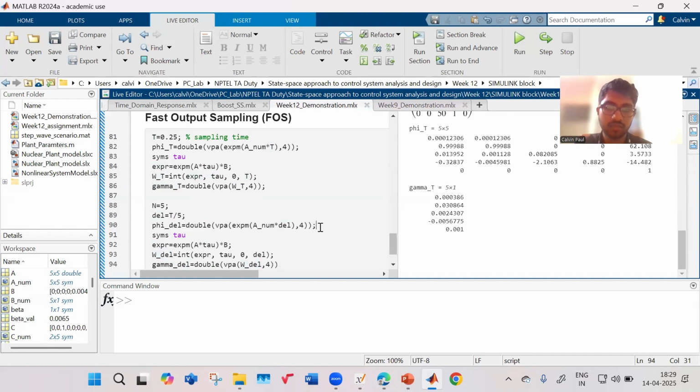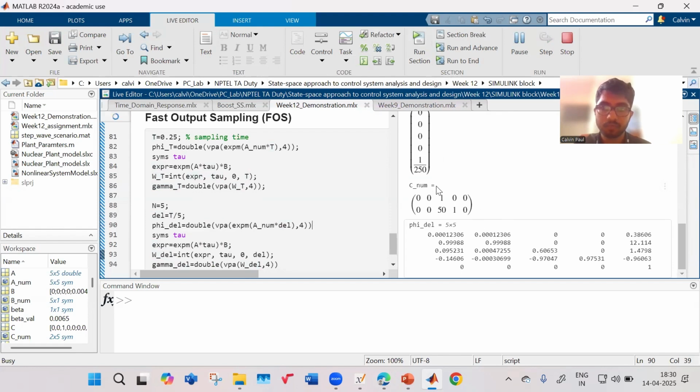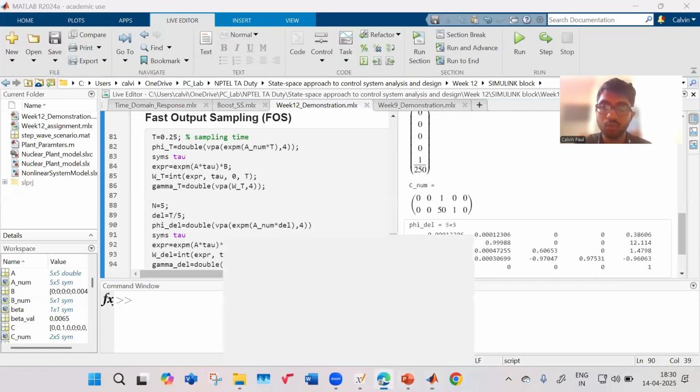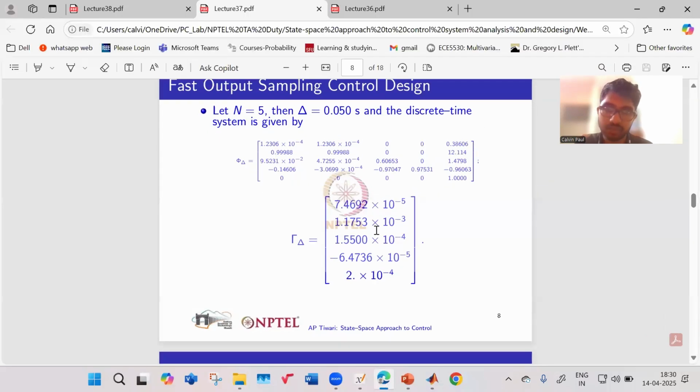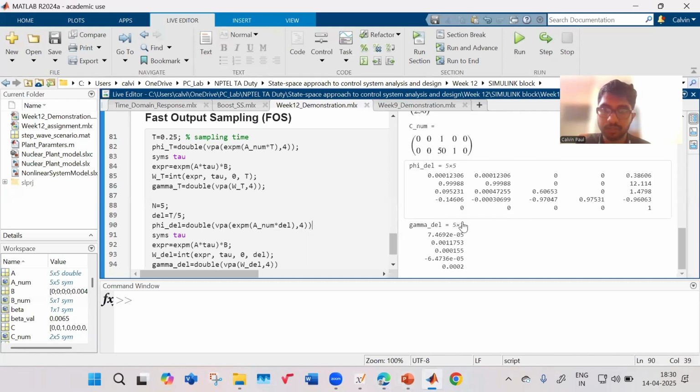So let us check these expressions. What comes out to be phi del? So phi del is again 1.2306 times 10 to the power minus 4. Here also that same thing: 0.38606 and 0.998, 0.99800, 12.114, which is again correct.